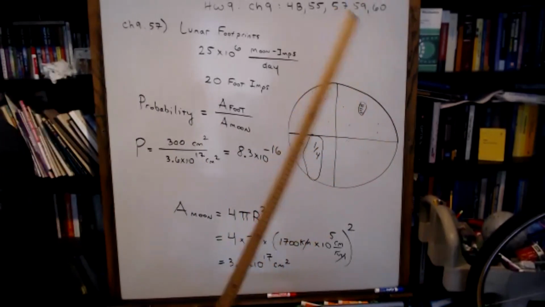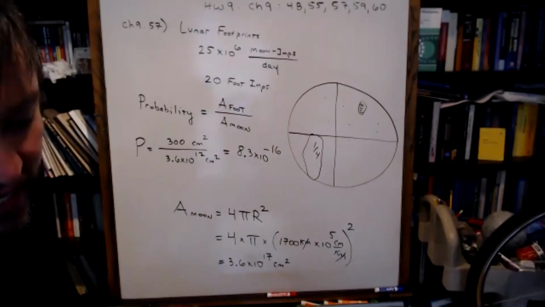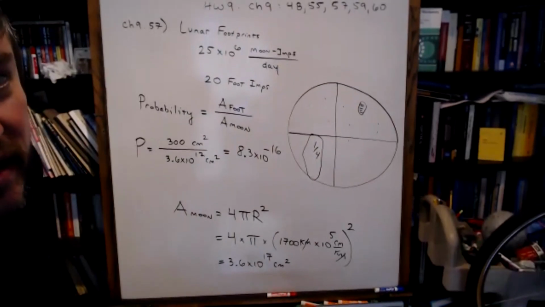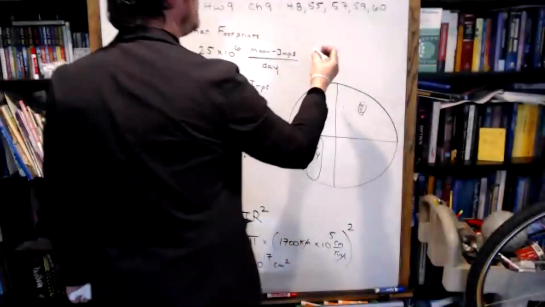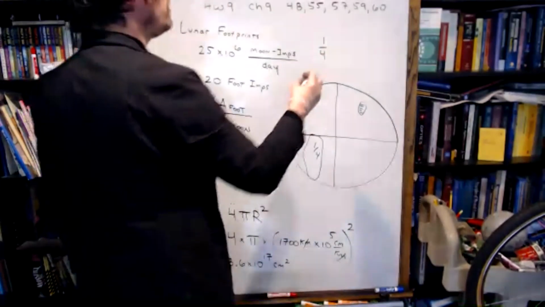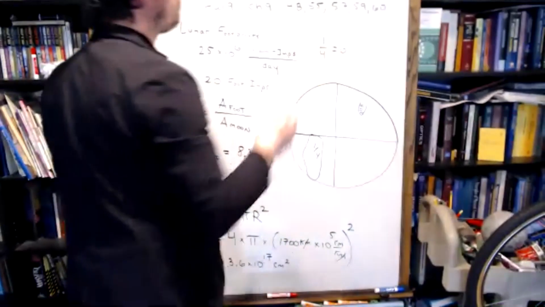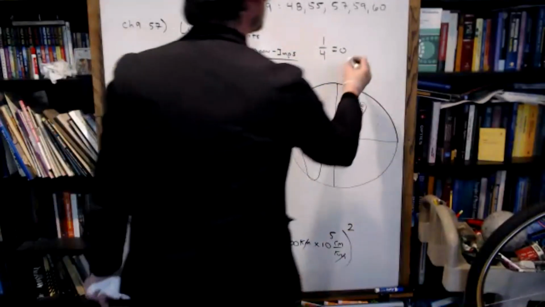Now, probabilities don't have any natural units, but that does not mean that we cannot assign them units to be clever and to keep our brains straight. For instance, if the probability had been 1 in 4, we could say it's 1 foot imp for every 4 moon imps.